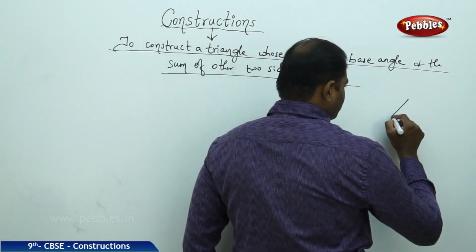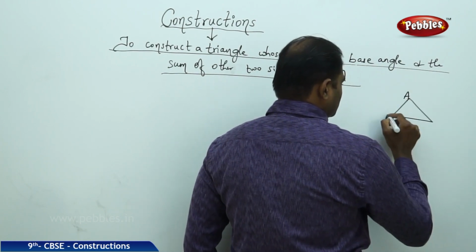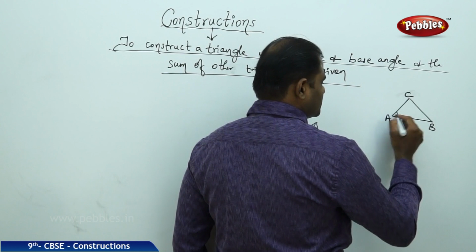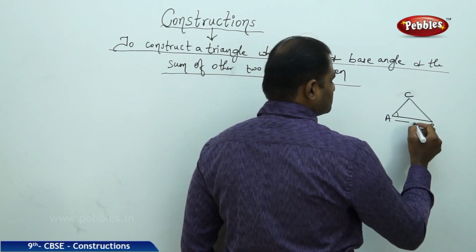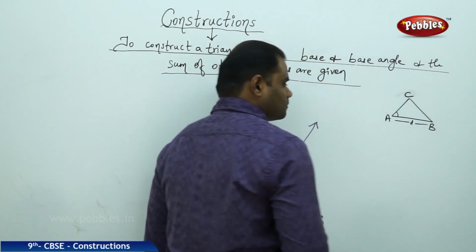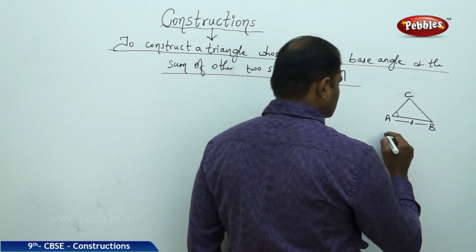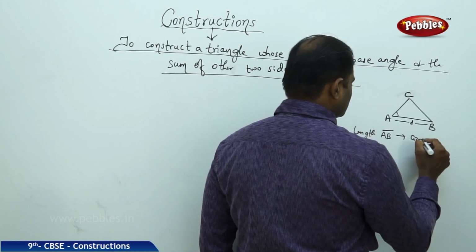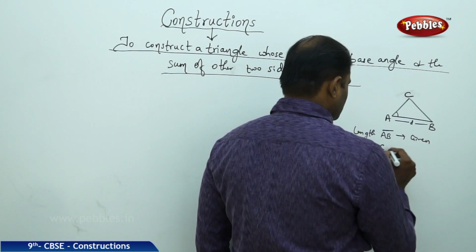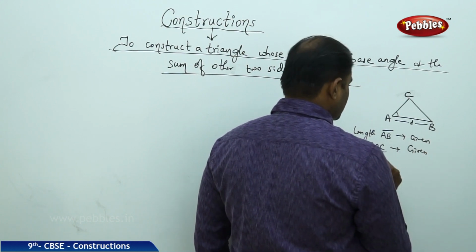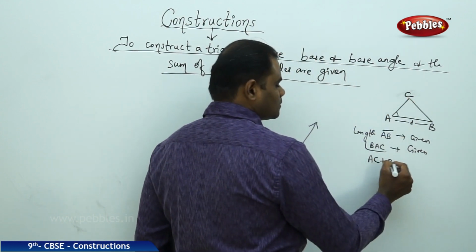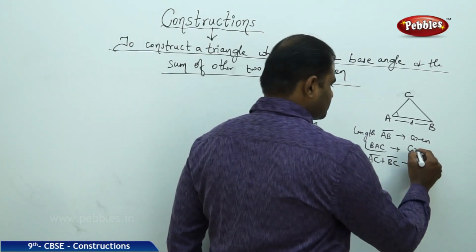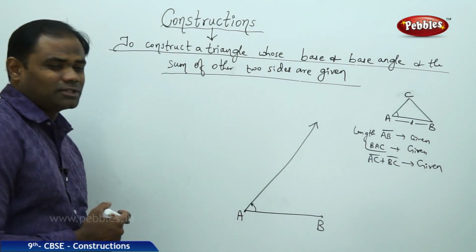Say in this case I draw a rough figure A, B and C. In this case this angle and this distance are given, so here length AB is given, angle BAC is given, and sum of other two sides, that is AC plus BC, is also given. That is how we have all the three things given.